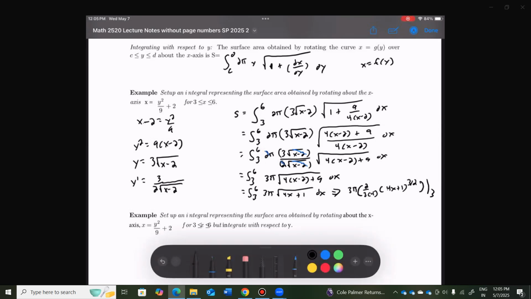Evaluate from 3 to 6. Alright, so some things cancel out here, 3, 3, and this drops down to 2. So I get pi over 2, 4x plus 1 to 3/2, going from 3 to 6.